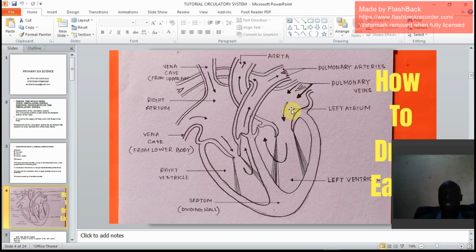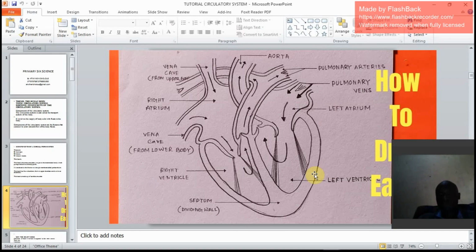When it enters, it will slope, then these valves will close, then great pressure will be mounted here. Remember, this side is thicker than this. Why? It must be thicker to pump oxygenated blood with great pressure for a long distance.